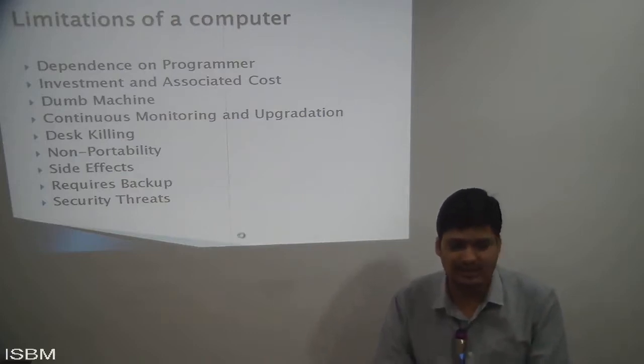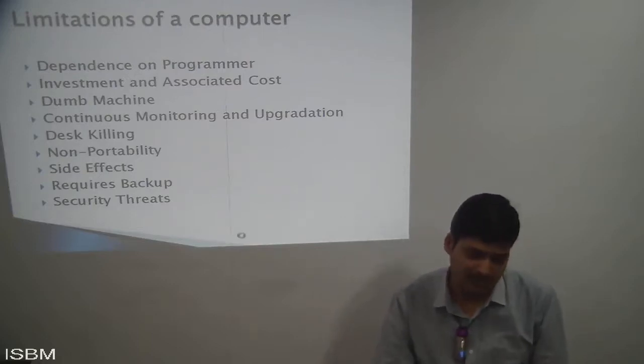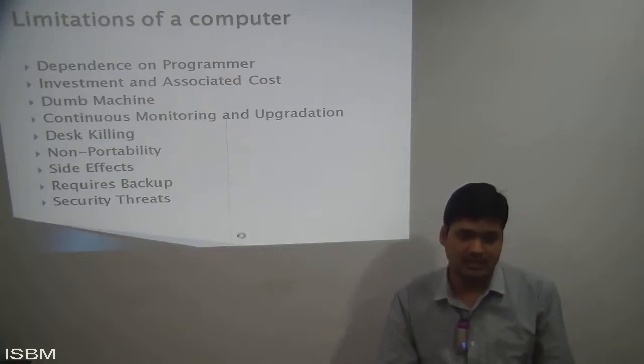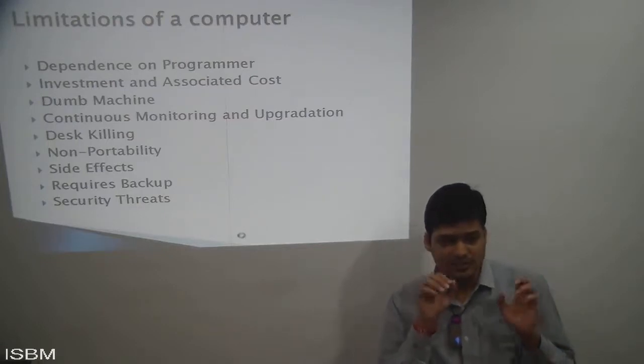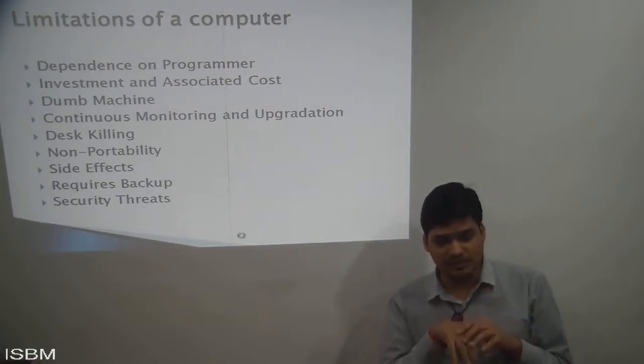Then the third is desk killing. Obviously this is one of the worst limitations human beings are facing nowadays. Each and every time you need to operate your system, you have to sit at the desk and continuously watch.